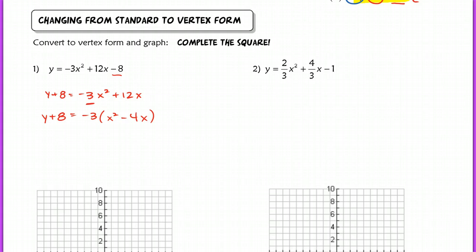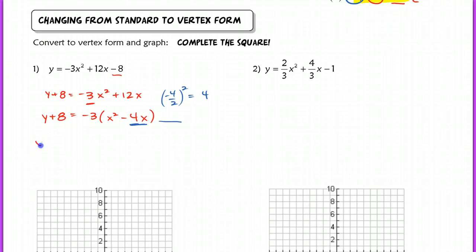Now the goal here is to take the coefficient of the linear term, cut that in half and square that number. So negative 4 divided by 2, and then squared, gives me a positive 4. So now I'm going to add a positive 4 onto the right hand side and balance the left hand side as well.